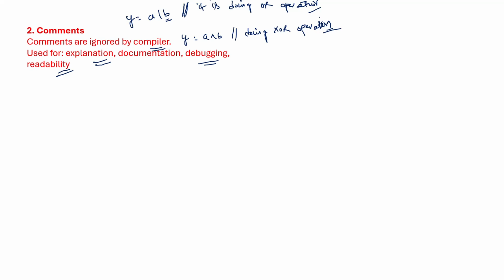Compilation happens first, and after that it goes for simulation. Compilation takes care of syntax errors, and any syntax errors will be taken care of by the compiler.